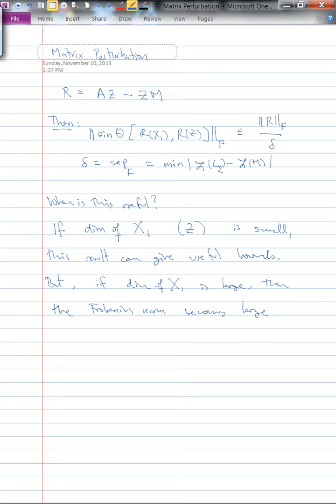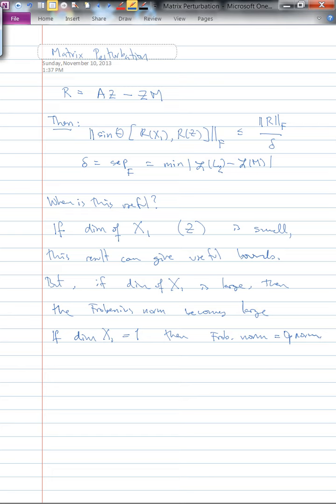And so as the dimension of x1 goes to the entire space, this is a great result to use if you're just interested in bounding one or two dimensional invariant subspaces and understanding how those change. In particular, if you want to know how an eigenvector changes, this is a great and powerful result. So in the extreme case, if the dimension of x1 is equal to 1, then everything is one-dimensional, and the Frobenius norm is equal to the operator norm.